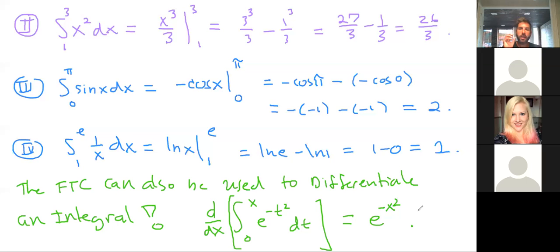Now, the only subtlety here is that this pattern only works like that when the lower bound is a number and the upper bound is a variable.